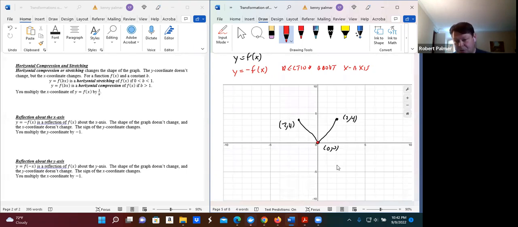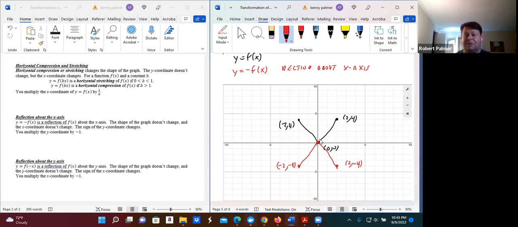This point goes to 2, -4. And likewise, this point here, it was at -2, 4, goes to -2, -4. And so this is the reflection through the x-axis, or the vertical reflection of this graph.